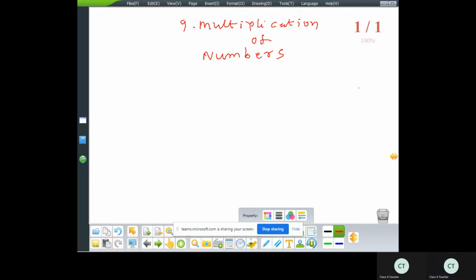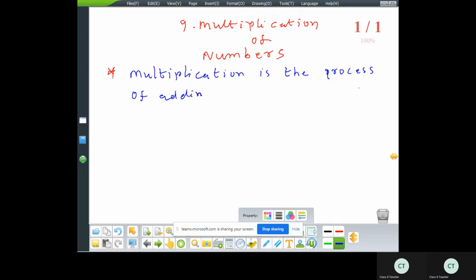First, we learn definition. First one is, multiplication is the process of adding equal sets together.